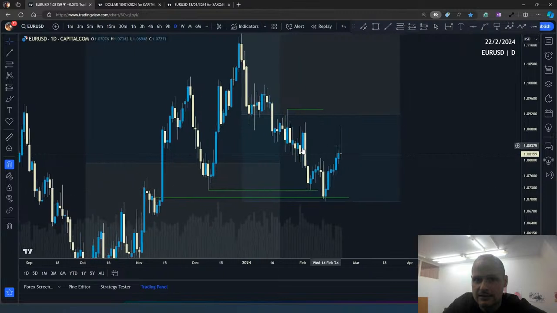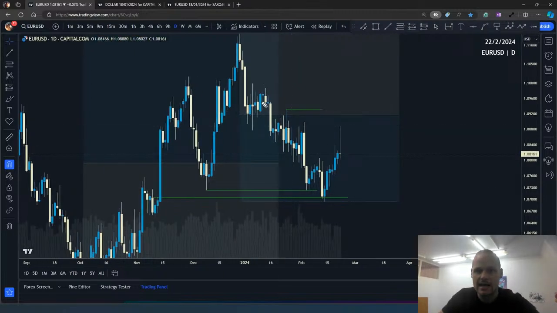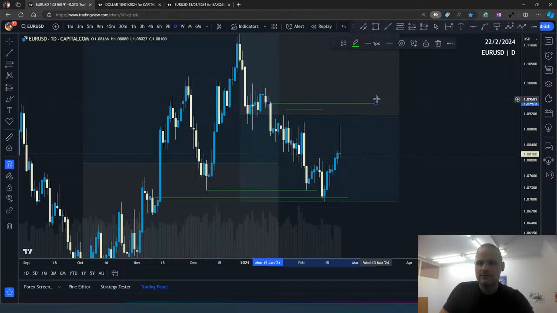And also, if you look at it this way, we can see that in here we have this gap, which I was talking about, that these gaps are actually a clue that the market makers were trading there. Also, if we connect it with the information that price mostly returns into the origin of the move, where it will be reacting, then we already have a slight clue where the price could go.